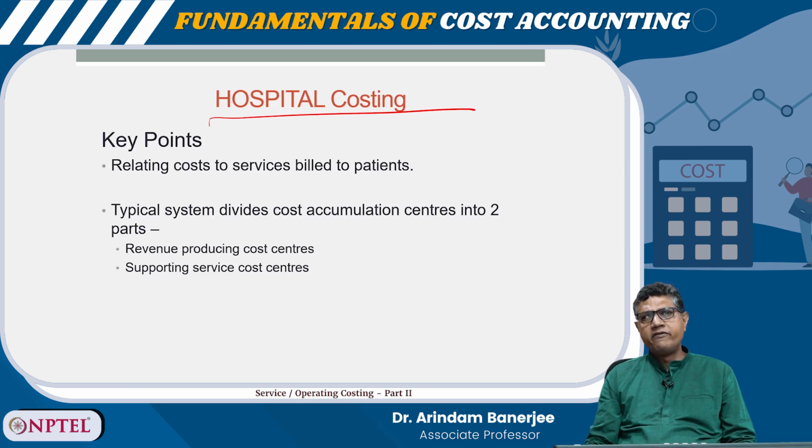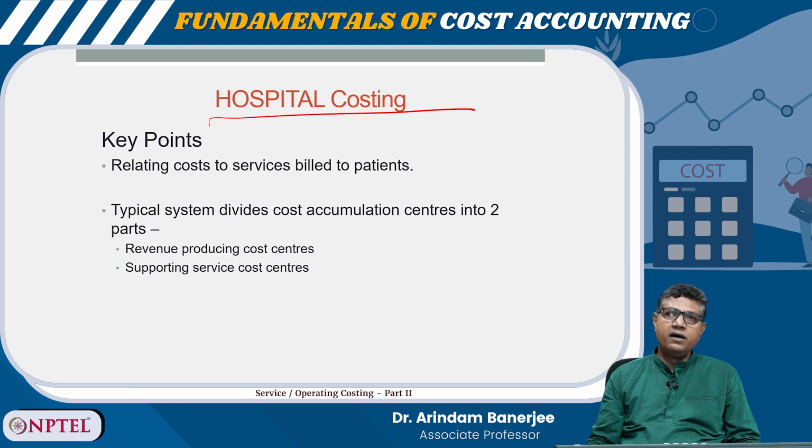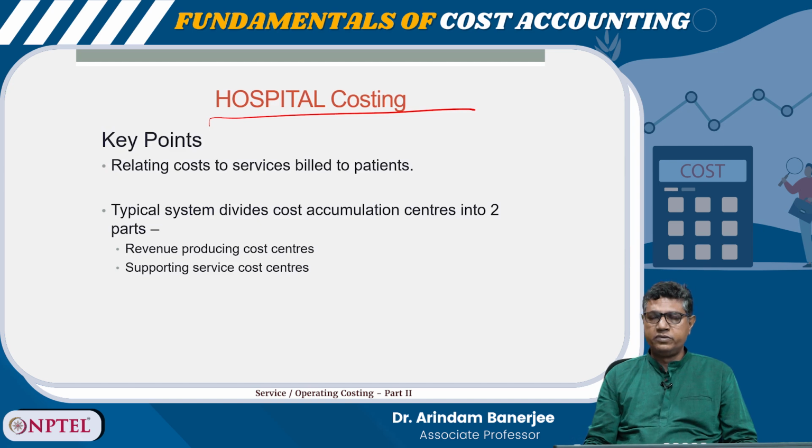First is revenue producing cost centers, and second is supporting service cost centers, right. So in a hospital, for example, the supporting service cost center can be accounts, and a revenue producing cost center may be the X-ray lab. So like that we can divide.